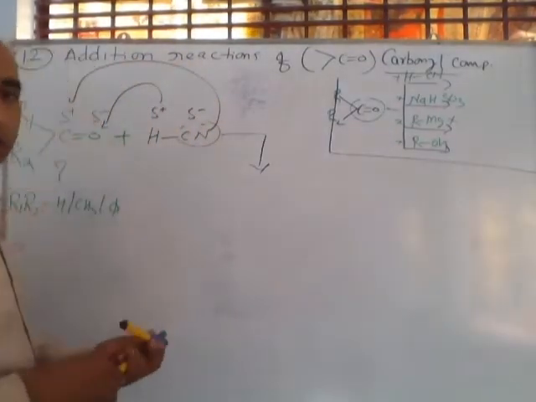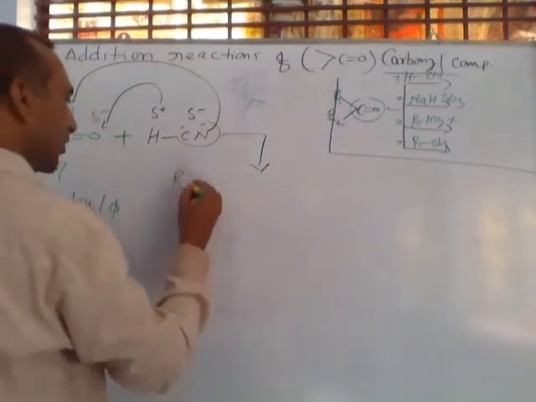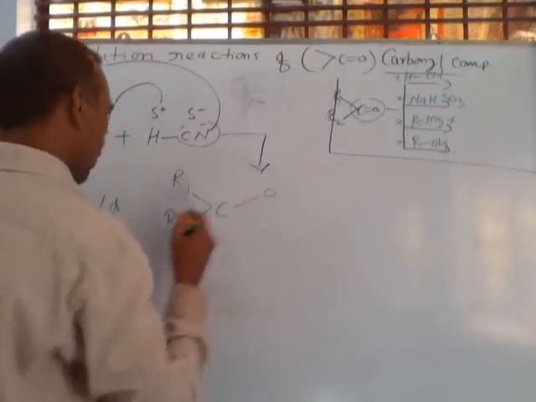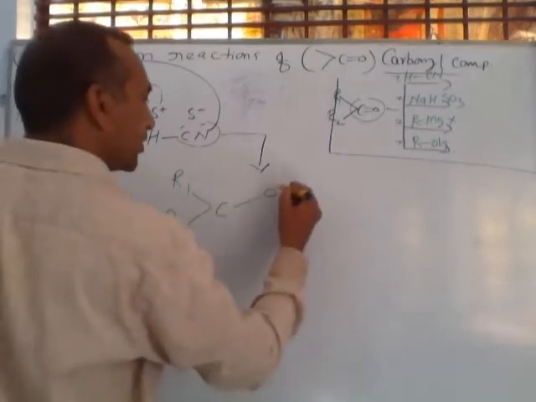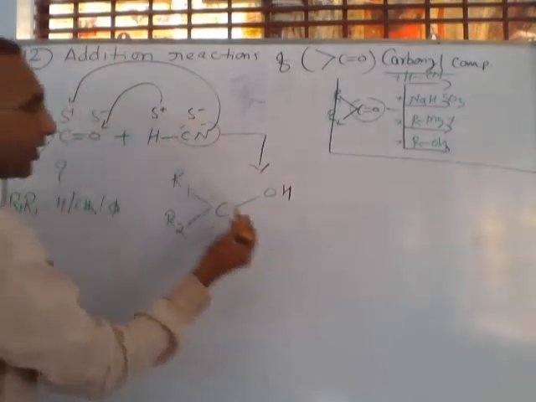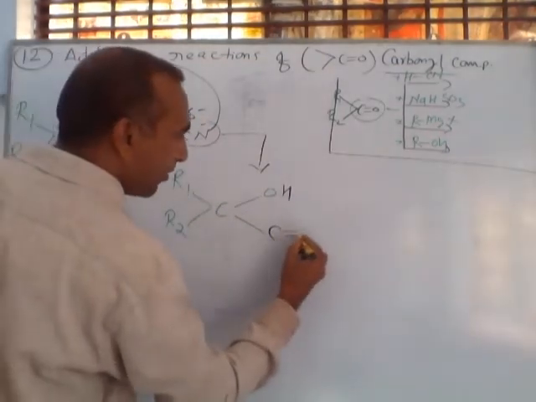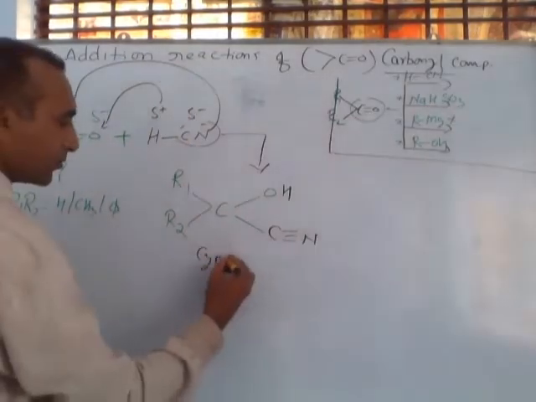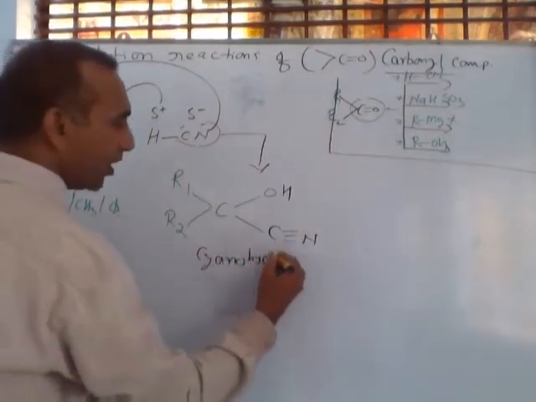After the reaction this type of product will form: R1, R2, C, with OH here, hydrogen joined due to their different charges, and cyanide joined here. Cyanide has a triple bond. These compounds are called cyanohydrin.